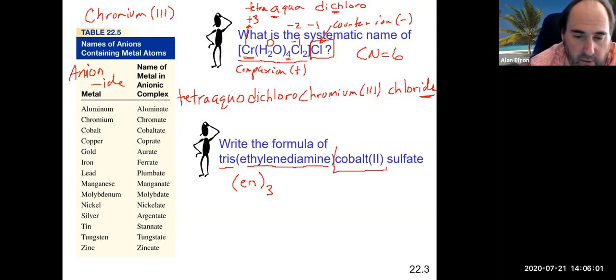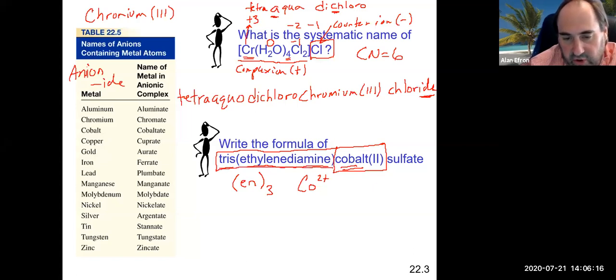Cobalt with a Roman numeral 2 means we have a cobalt with a +2. And remember that the metal comes at the end of the complex ion name, which tells us that everything all the way through here, everything in that big box, is the complex ion part. That means these are the only 2 components of our complex ion.